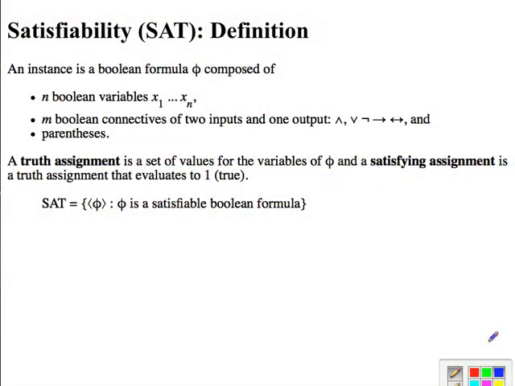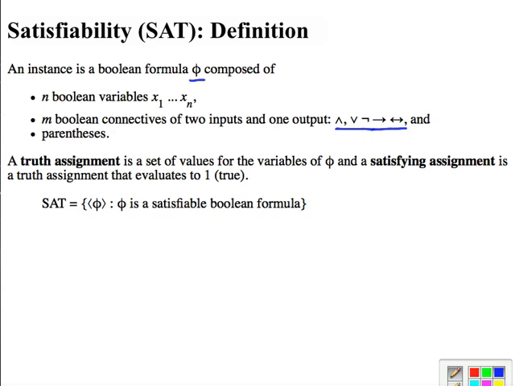The first problem that we're going to add to our set of NP complete problems is satisfiability. This is where we have some Boolean formula phi, which consists of Boolean variables. They take on true or false, and the usual connectives: and, or, not, implies, double implies, and also there'll be parentheses organizing these expressions.